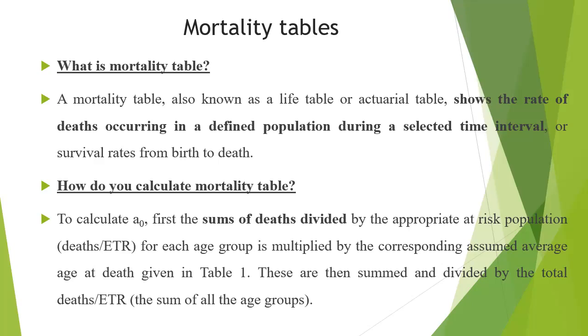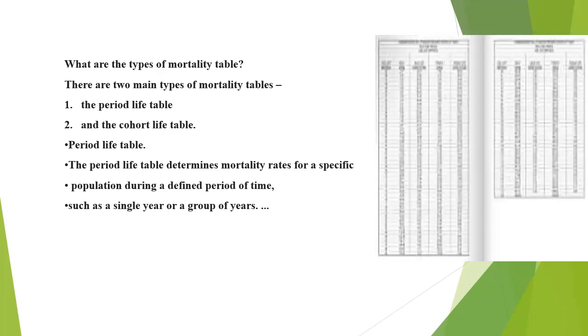To calculate, first the sum of deaths divided by the appropriate at-risk population for each age group is multiplied by the corresponding assumed average age at death, as given in the table in the next slides. These are then summed and divided by the total death rates and the sum of all the age groups. This way we find the mortality tables.